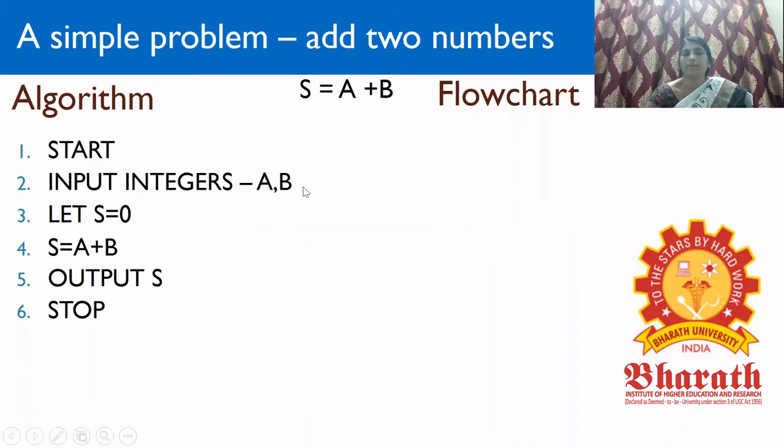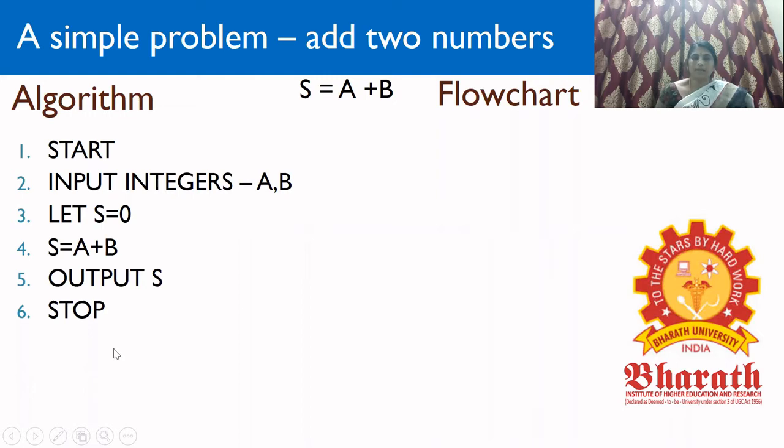So a comma b. And then we need to add it. In order to add it and then to store it, we need another variable, that is s is equal to 0. And then s is equal to a plus b. And the output we need to obtain is the sum of those two numbers. And then at last we need to stop the process.